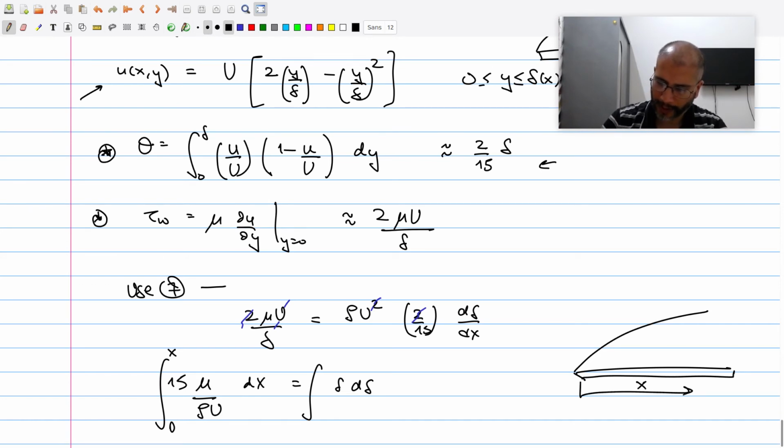Again I am using x both inside and outside, but you understand that this is something like x tilde. My delta on the left edge, at x equal to 0, is equal to 0, and at x equal to some general x value, this is some delta as a function of x. Again you can think of this as some tilde, just for the mathematical understanding.